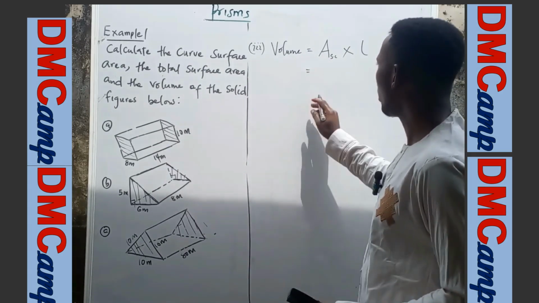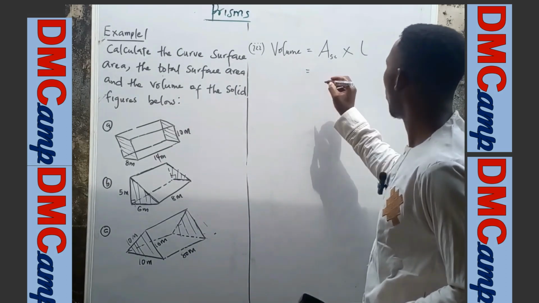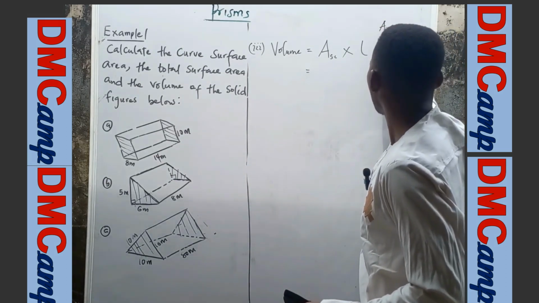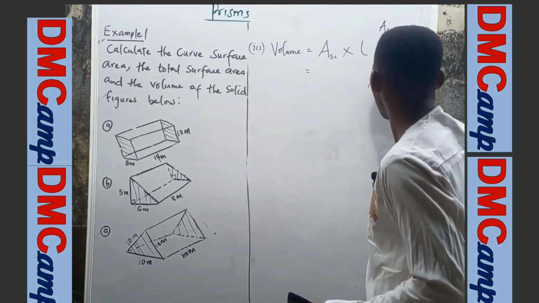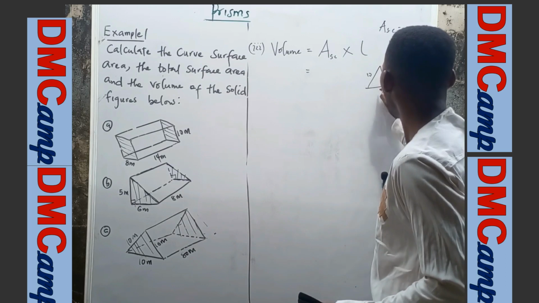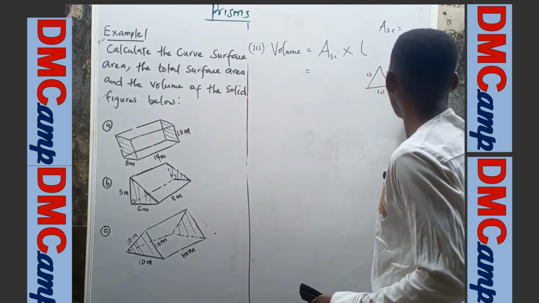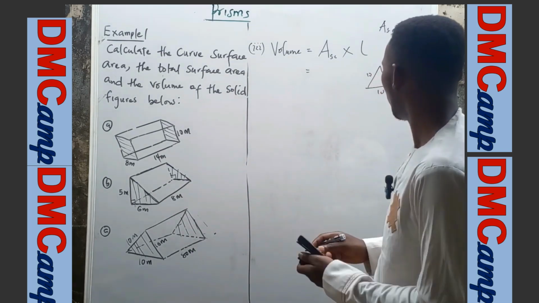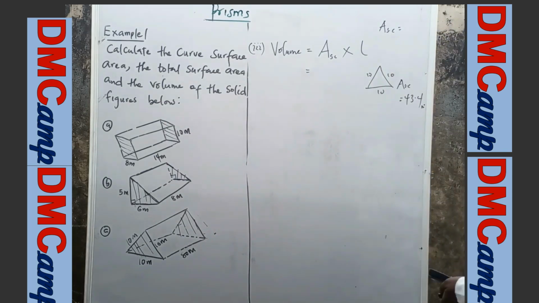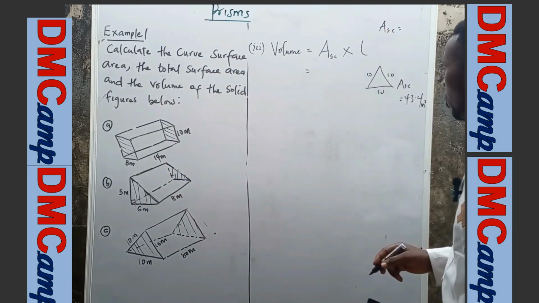So we've gotten the area of the cross section, where you have 10, 10, 10, to be 43.4 meter square. We've gotten that here. That's the area of the cross section.